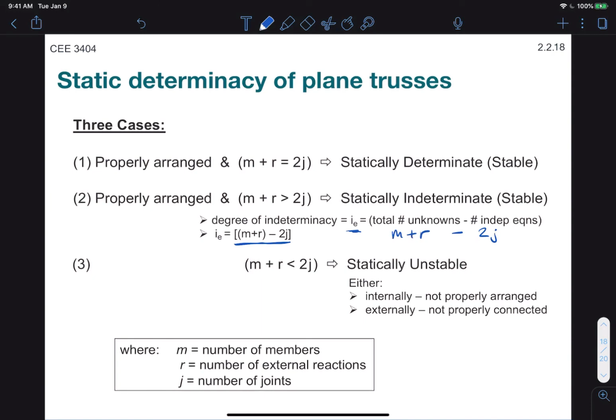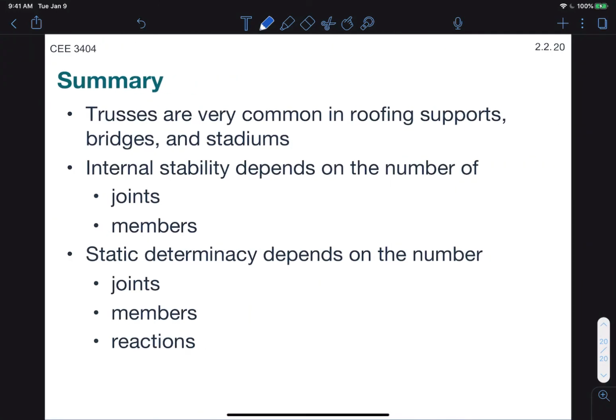So in summary, we have learned that trusses are very common structures in civil engineering, particularly in roofing supports and bridges, and also stadiums, which I didn't give you an example of, but we'll throw it in there.